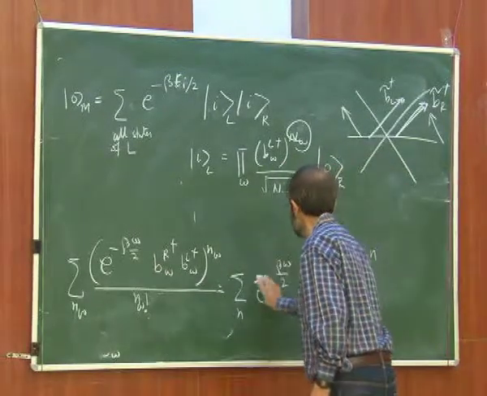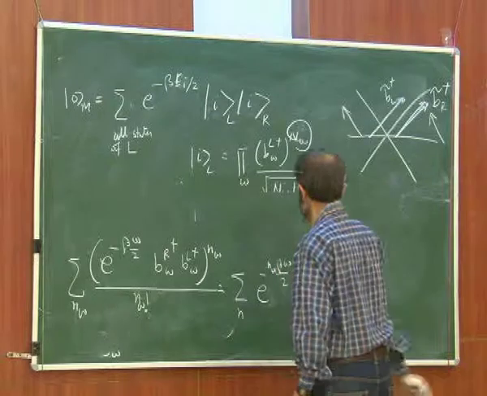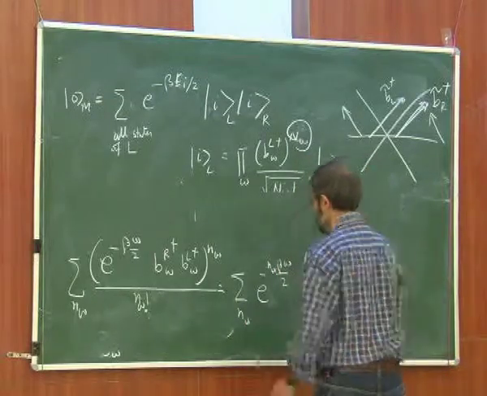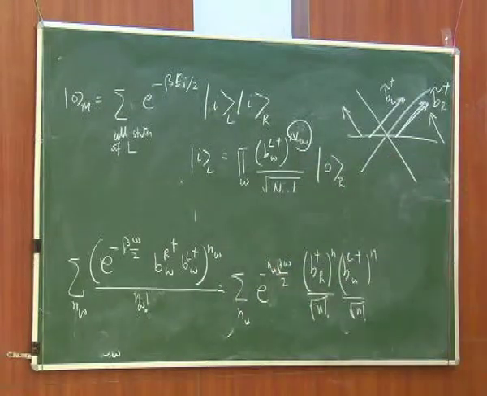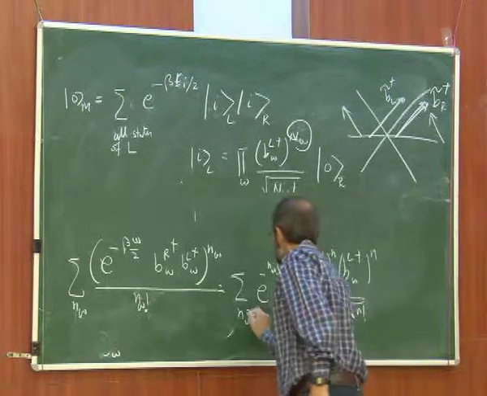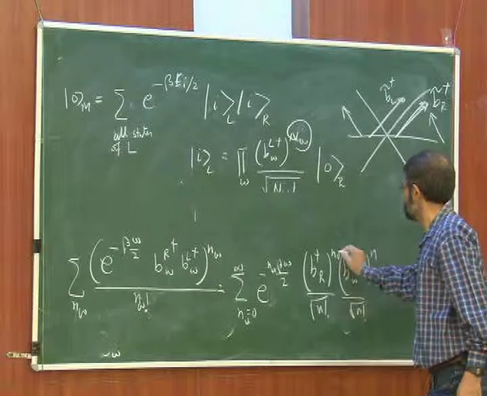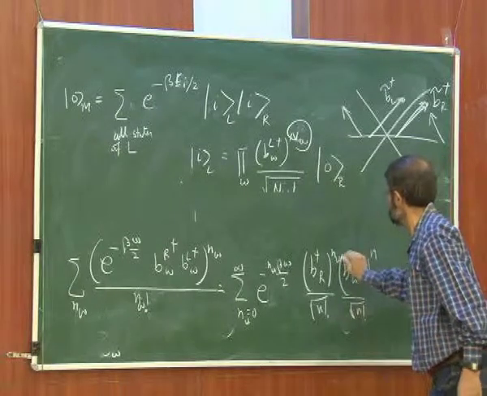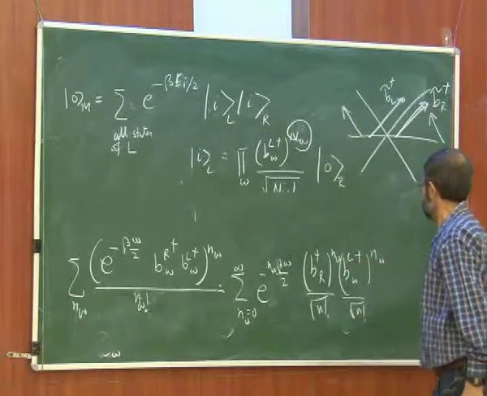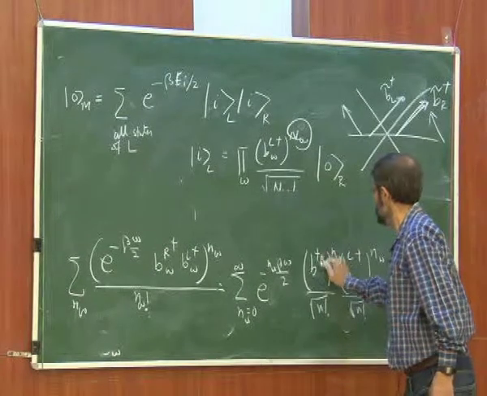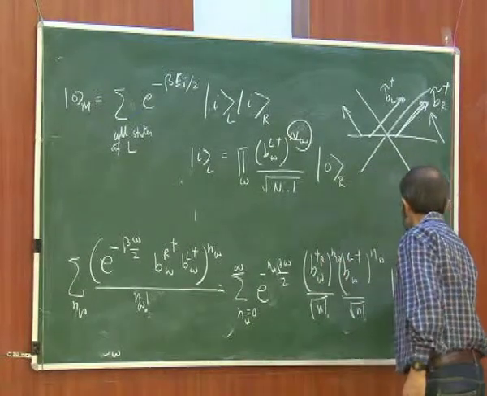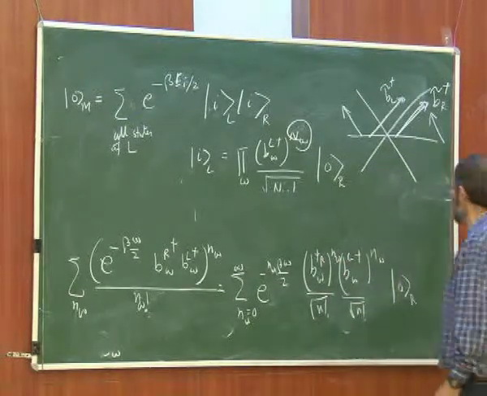So you will get a sum over n omega running from 0 to infinity, acting on the Rindler vacuum.